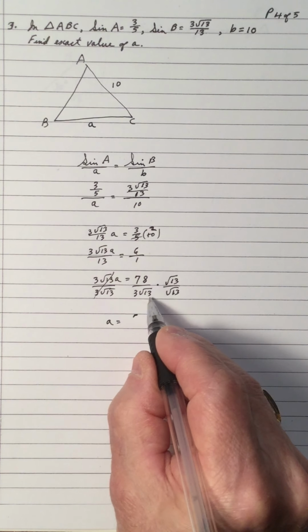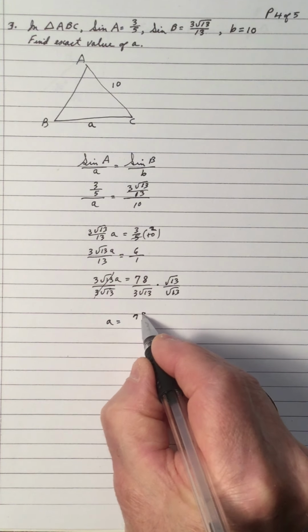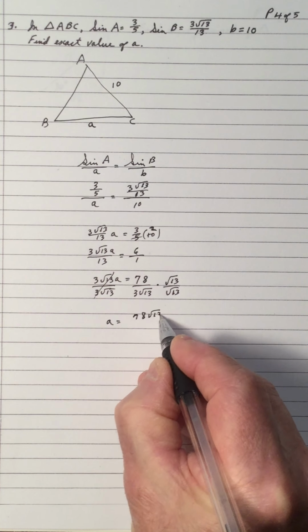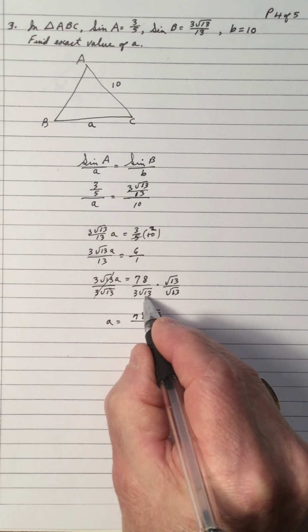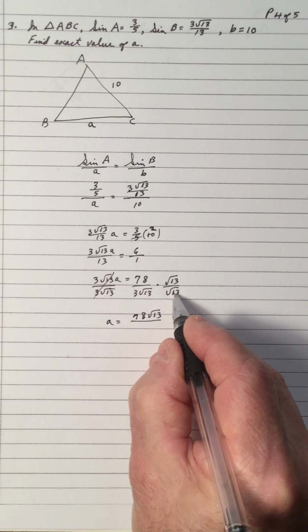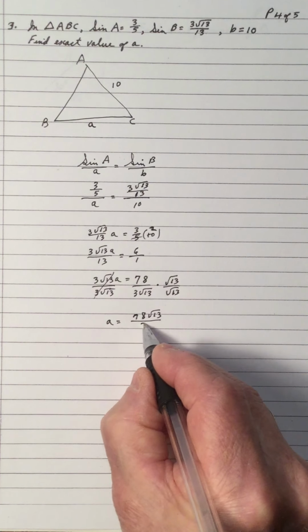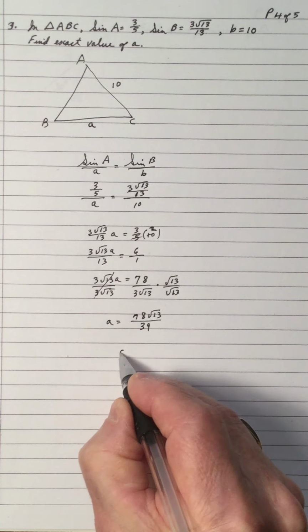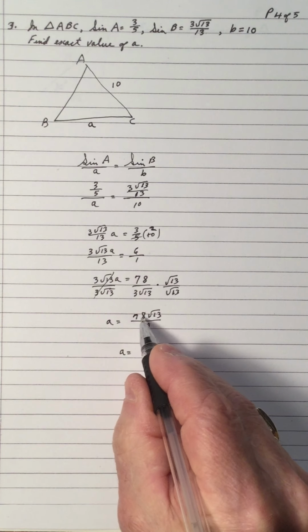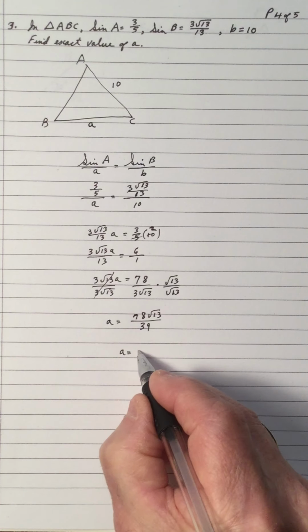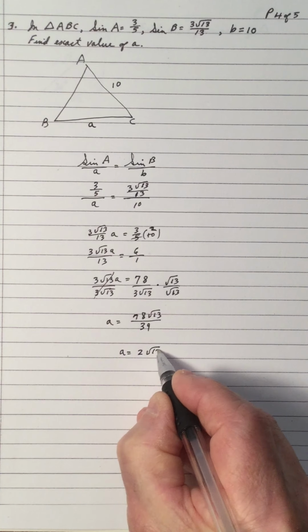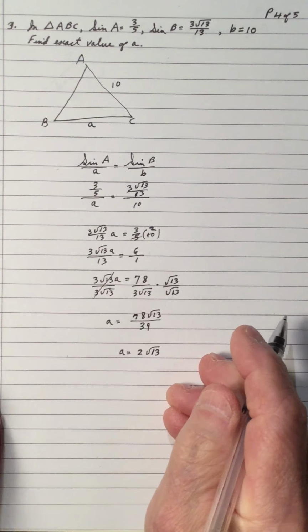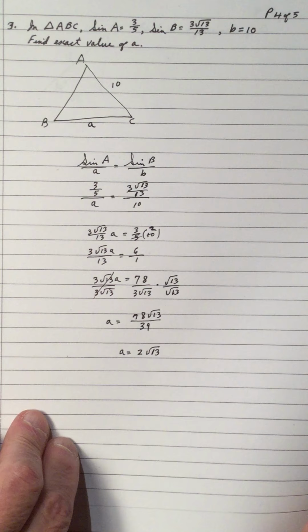Get rid of the root 13. So that's 78 root 13 all over. Root 13 times root 13 is 13. 3 times 13 is 39. And as it happens, 78 divided by 39 is a 2. So the exact value of A is 2 root 13.